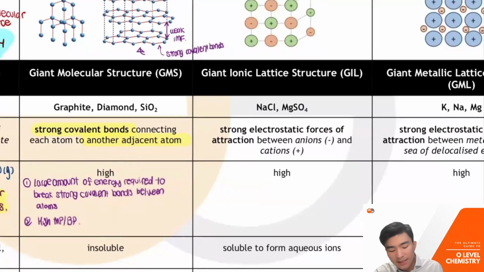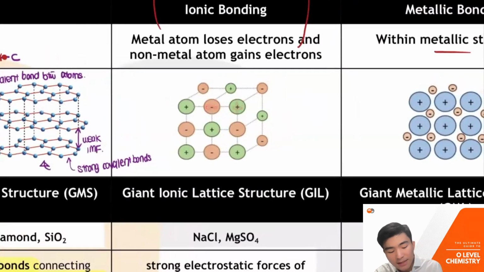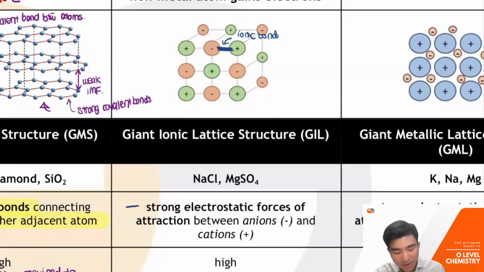It contains electrostatic force of attraction between anion and cation, which means, can you see, there is a positive ion, there is a negative ion. The force of attraction between unlike charges is known as the ionic bond. An ionic bond is defined as the strong electrostatic force of attraction between an anion and cation.